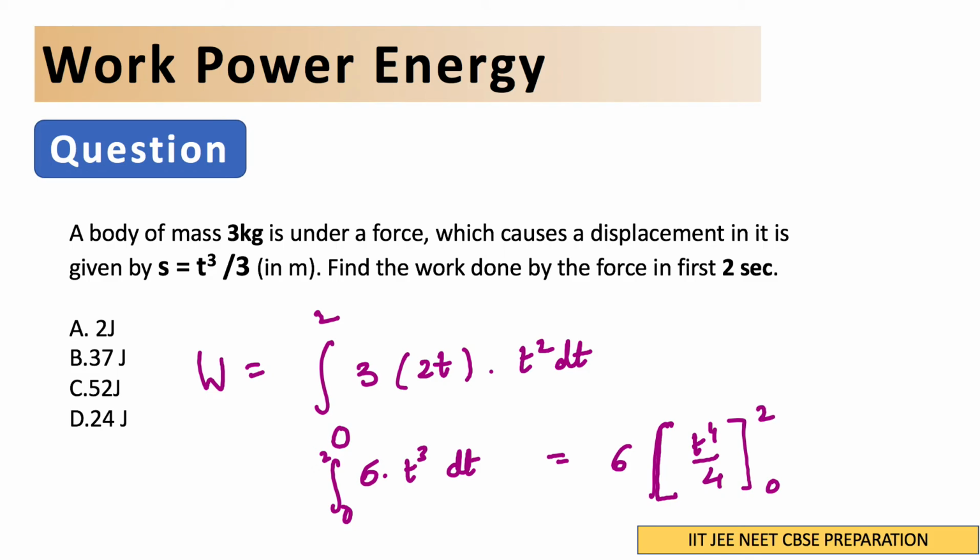Now place 2 here and 0 here. You will get 6 into 16/4, and if you place 0, you get 0. So this will be 4, and 6 fours are 24. So we are getting 24 joules as our answer in this case.